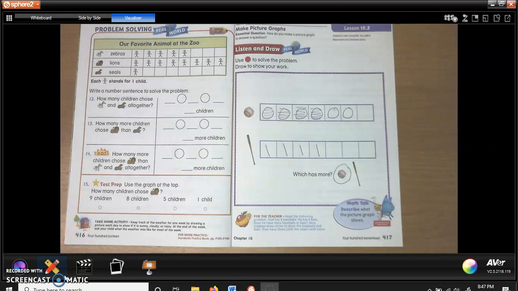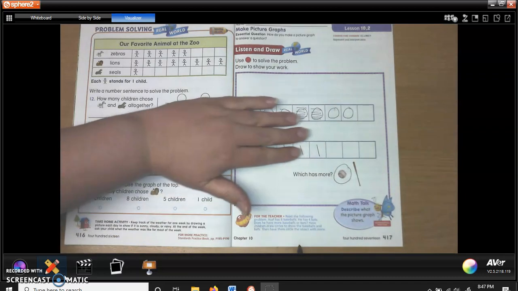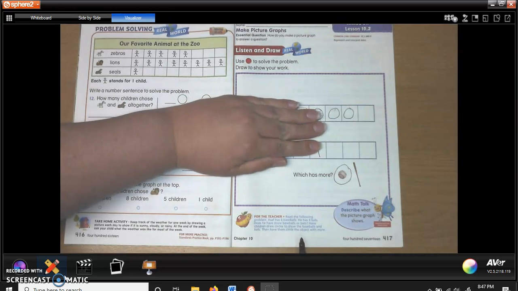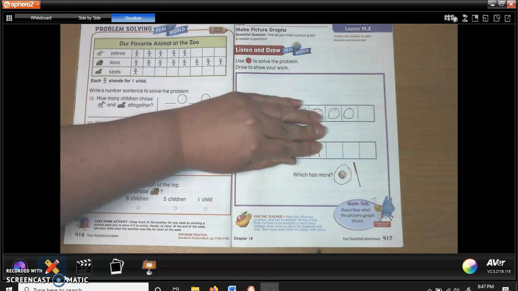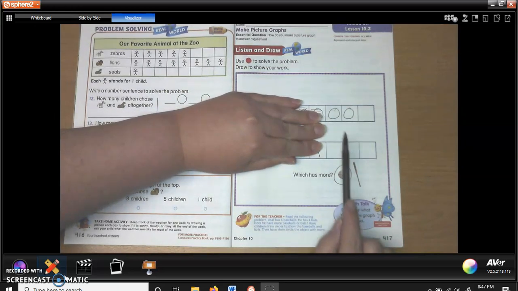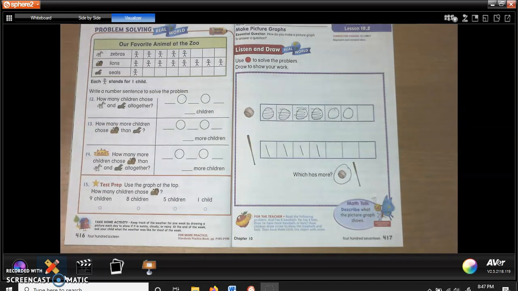Now, how many more baseballs are there than bats? That means I have to count the extras. So these are all the same. So how many more baseballs are there than bats? There are 2 extra baseballs.